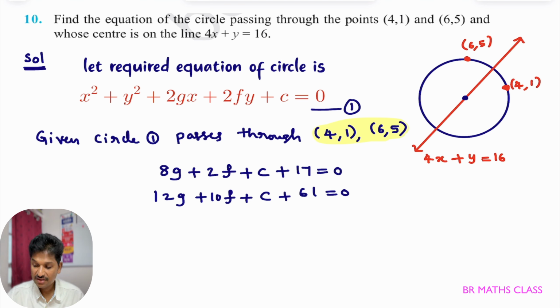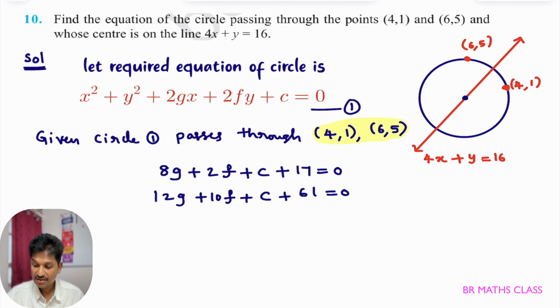As minus g comma minus f lies on this equation, we can substitute this point in this equation. It will satisfy. In place of x, you write minus g, right? So minus 4g. In place of y, you write minus f. And this 16 is there, na? You take the 16 to left hand side part. So minus 16 equal to 0.